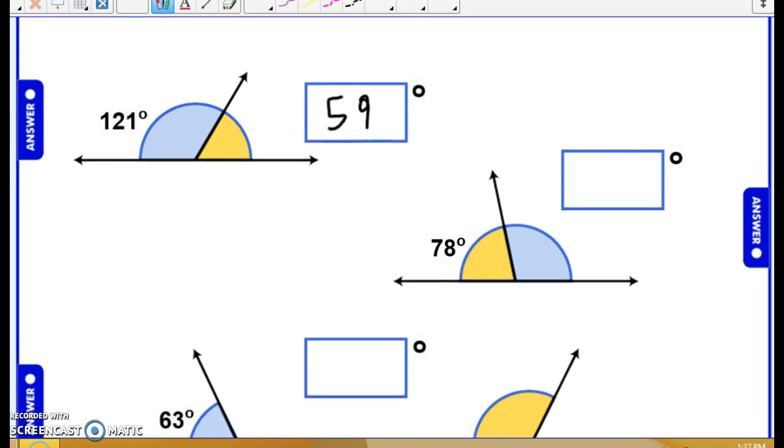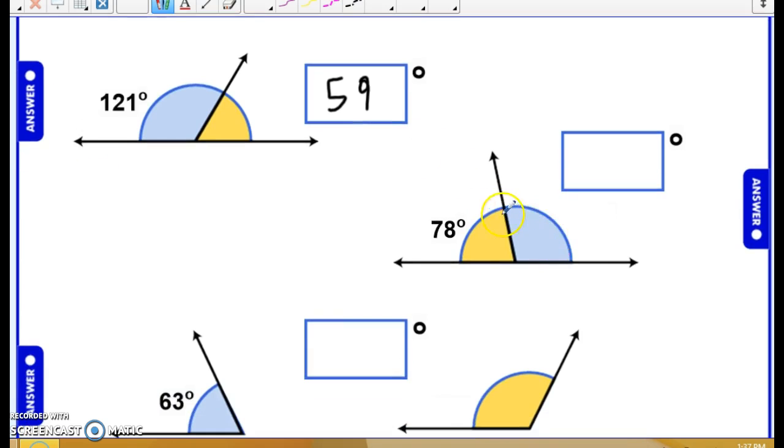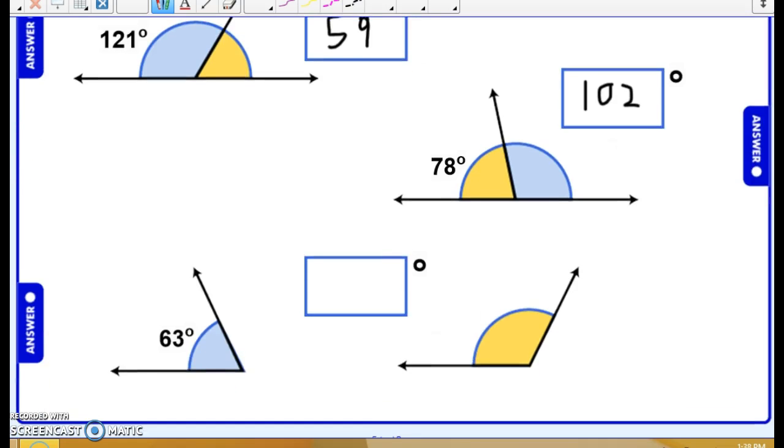All right, over here 78, and this angle needs to add up to 180, so I know it's going to be 102 degrees. All right, and that is pretty much our lesson for complementary and supplementary angles.